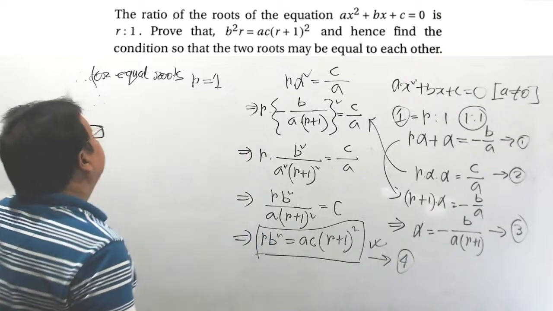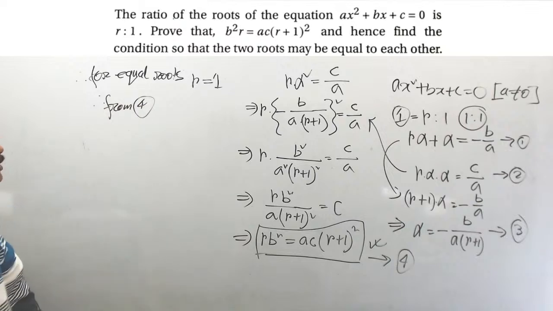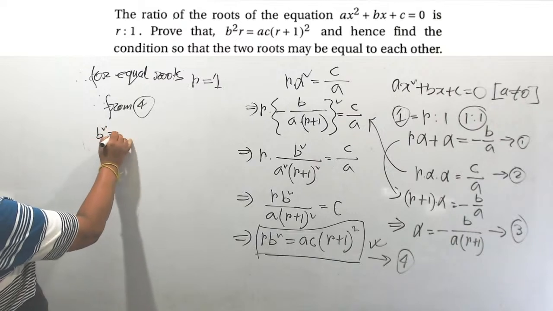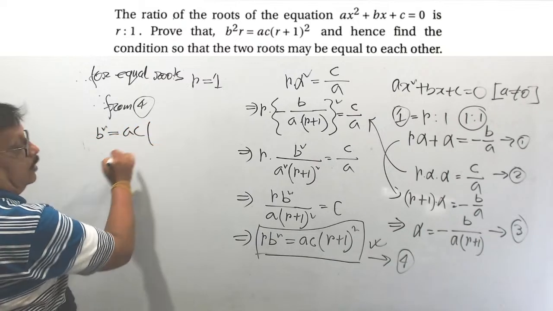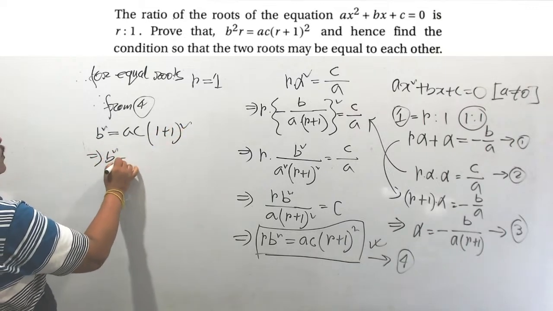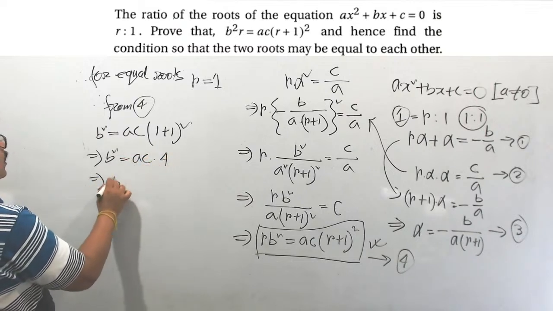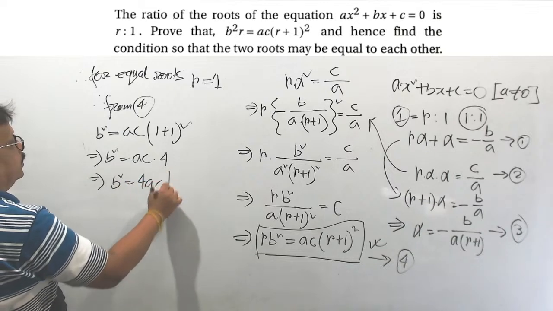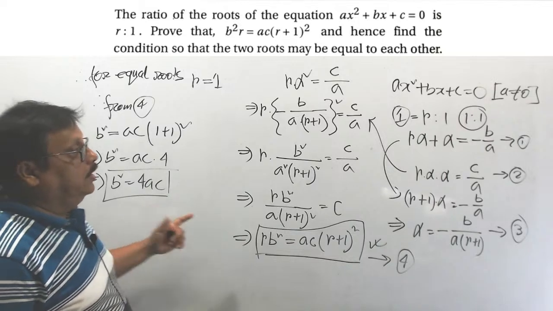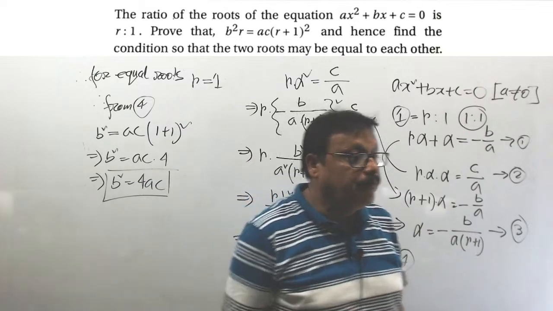From 4 আমরা কি লিখতে পারি? r পুট করে দাও, r equal to 1, that is b square ac into 1 plus 1 square. এটা কি আমরা করছে? b square is equal to ac into 4. This implies b square is equal to 4ac. This is the condition that the roots will be equal. বুঝতে পারছো? Okay. Come to the second one.